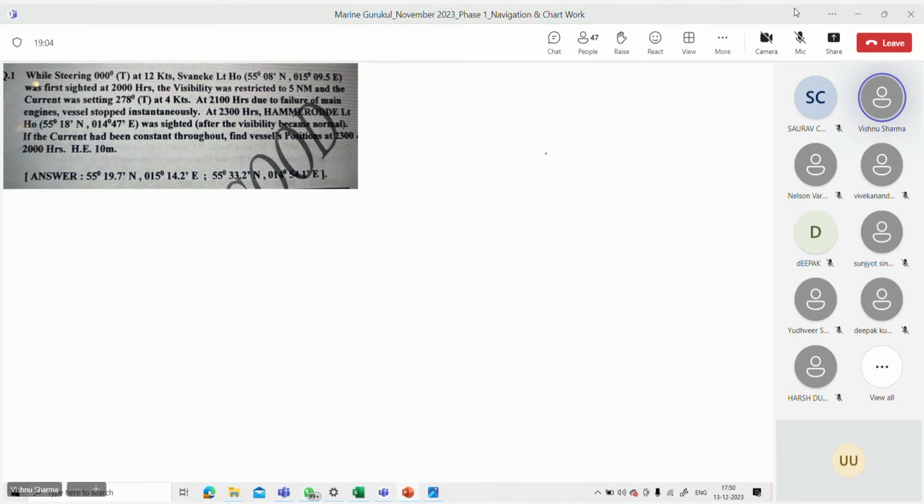You will put the Hamirod light, and you will find out the PLR and GR, and from here you will determine the last sight of restricted visibility, that is the first sighting range. And with the first sighting range, you will draw this. This will be the PC for 2000 hours. Correct, beta?